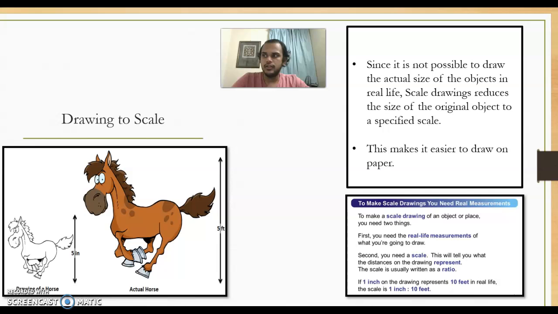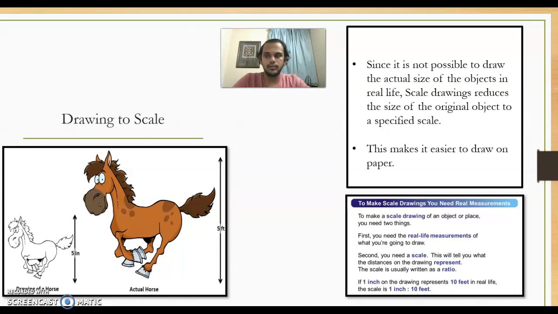This makes it easier for us to use a scale and draw that object on a piece of paper. It's as simple as that. We just need two components: the real life measurements of that object and the scale. Now the scale is written in the form of a ratio.